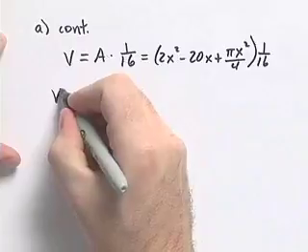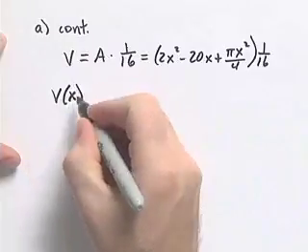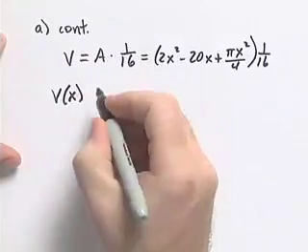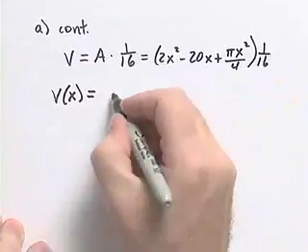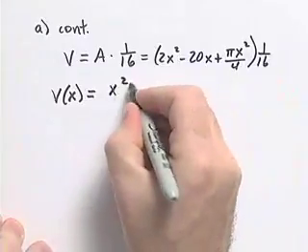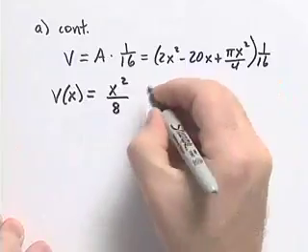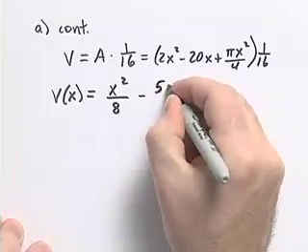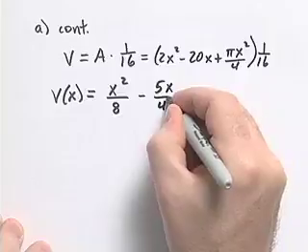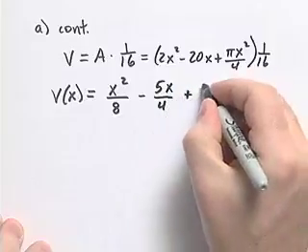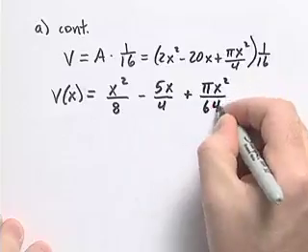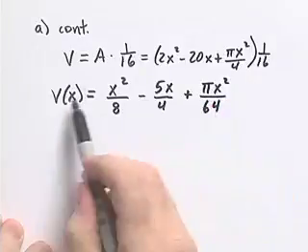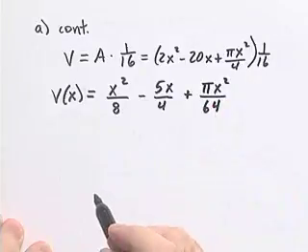In function notation, we're going to write V of x, so we see that the volume is a function of x. We multiply these two together, and our volume will be x squared over 8 minus 5x over 4 plus pi x squared over 64. And so here we have the volume expressed as a function of x alone.